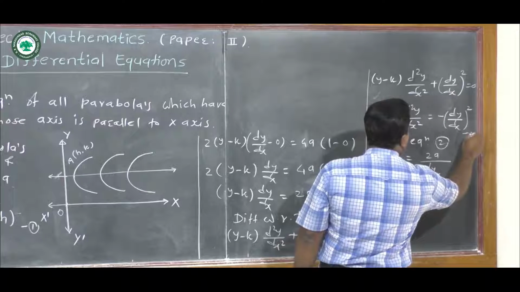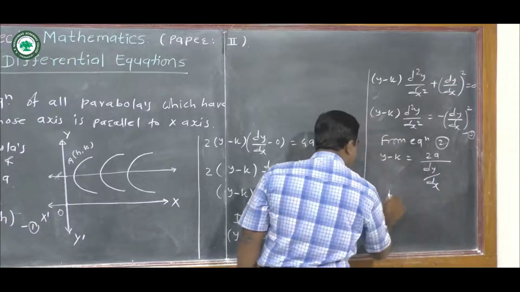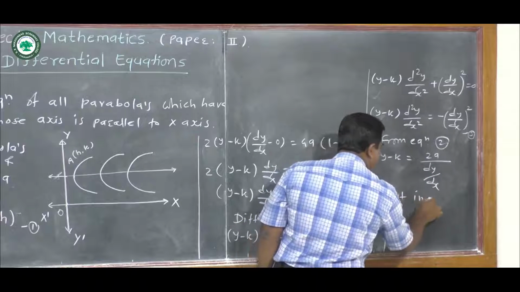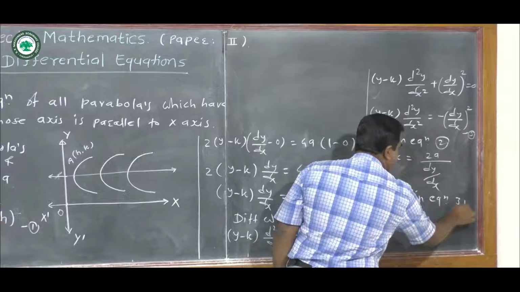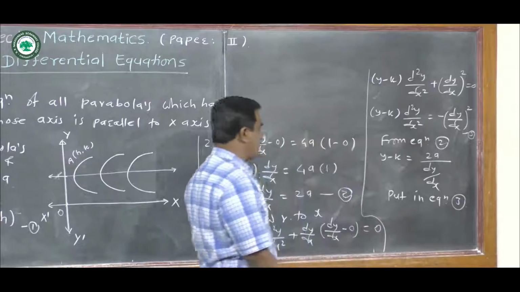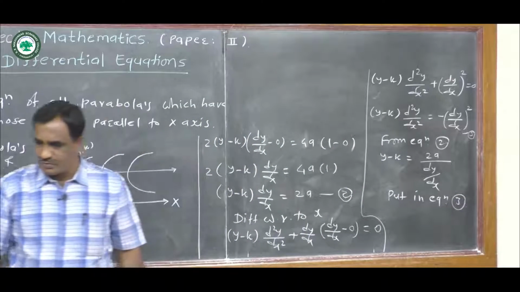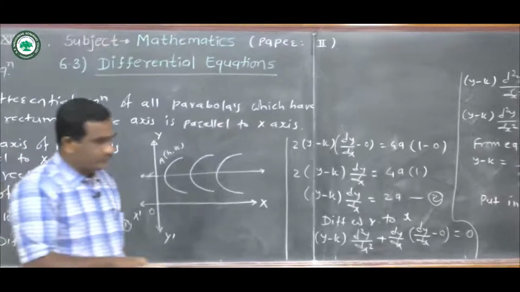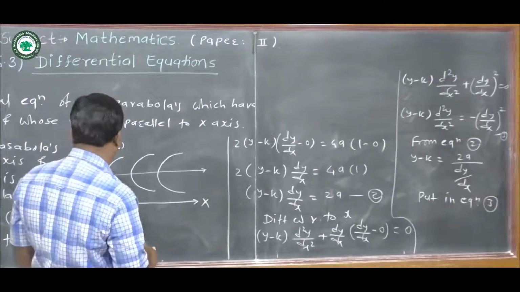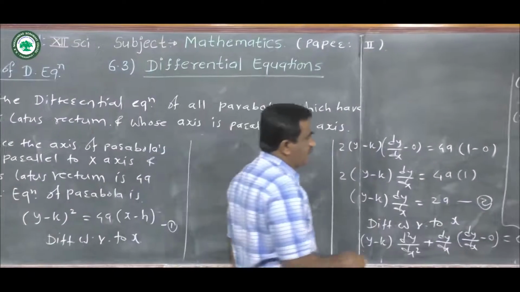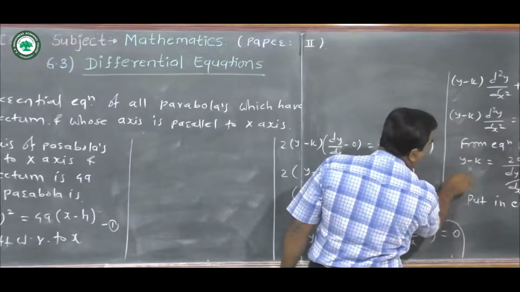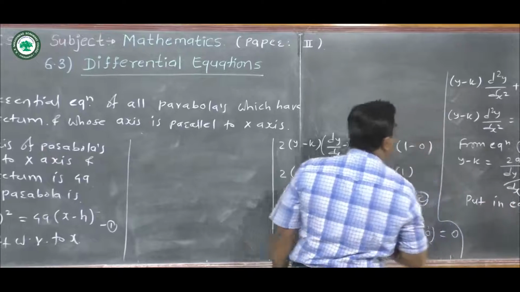Say this as equation number 3. Put this value in the equation. Therefore, this equation becomes: equation is here, put y minus k equal to 2a upon dy by dx.